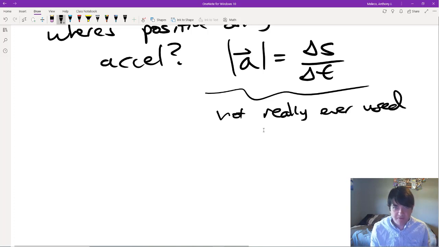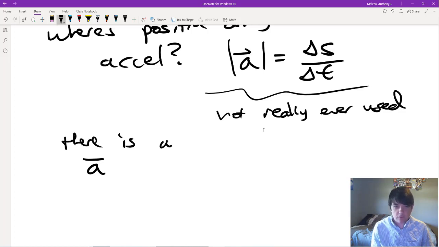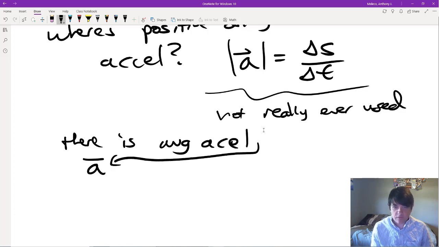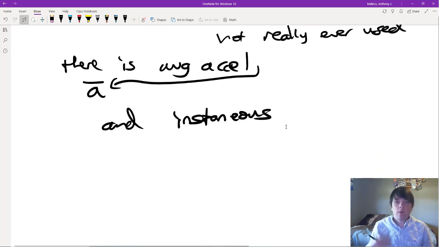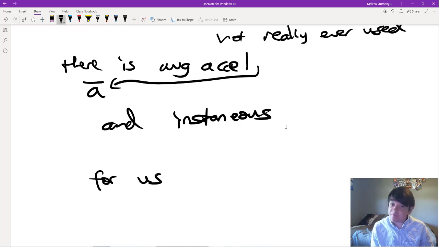Now, remember how I mentioned average velocity? There is average acceleration, it does exist, and there is instantaneous. But due to the difficulty and complexity of the problems, this is something reserved for higher levels of physics. So for us, even in engineering, we won't really do these problems.